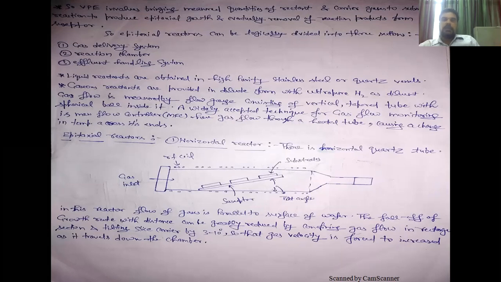Now, whatever reactions are carried out in vapor phase epitaxy are carried out in a chamber, or you can say the reactor. These are called epitaxial reactors. So, epitaxial reactors have three sections. One is the gas delivery system, second is the reaction chamber, and third is the effluent handling system.